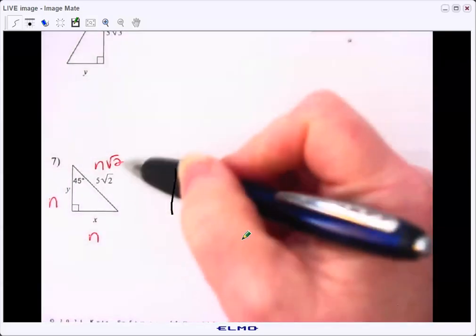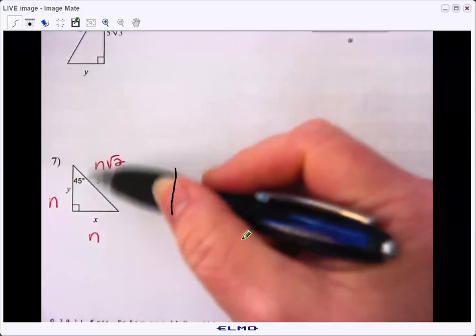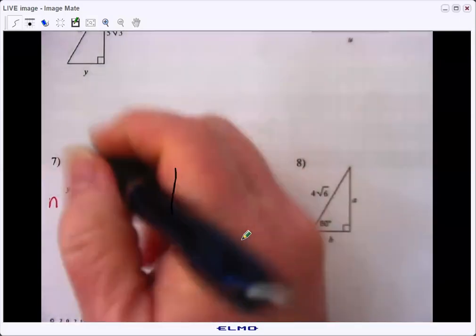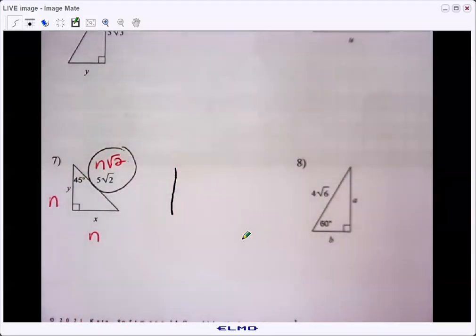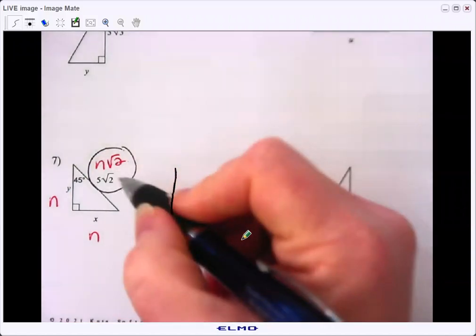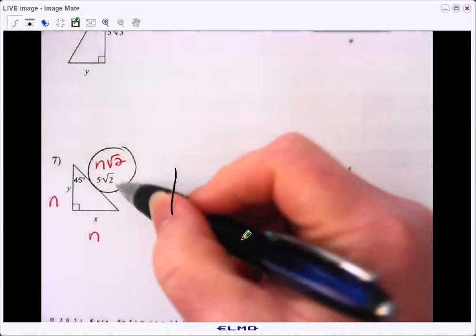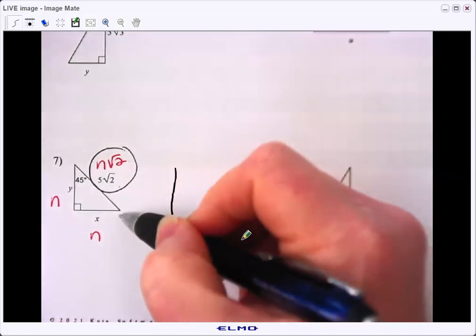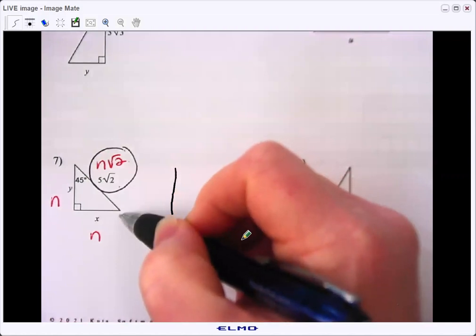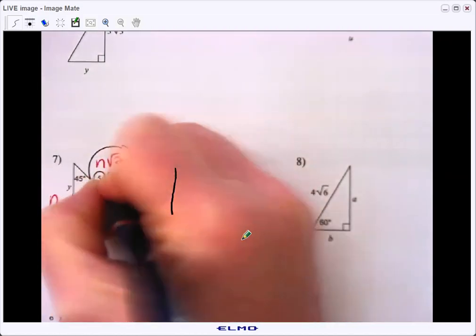So when I'm looking at what I'm given after I label, and I'm looking at the comparison, I'm looking at this part right here. I need to find out what my n is. If they both have a root 2, then I'm simply going to select the number next to the root 2 to be my n. So in this case, n is just 5.